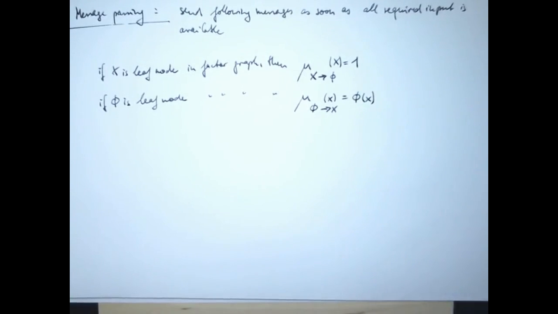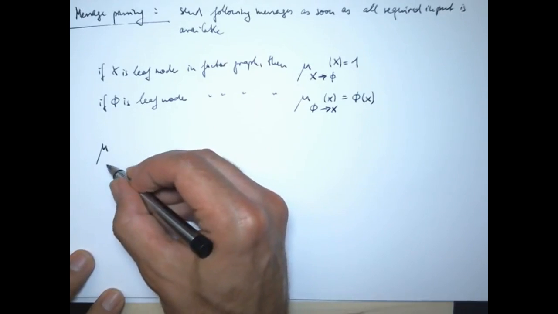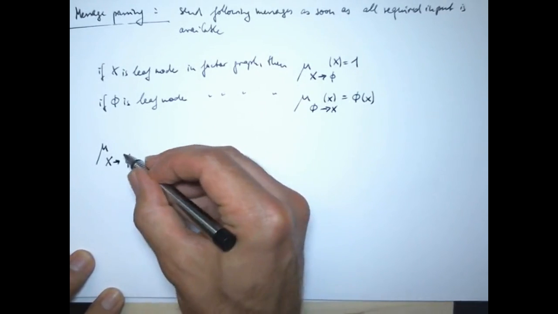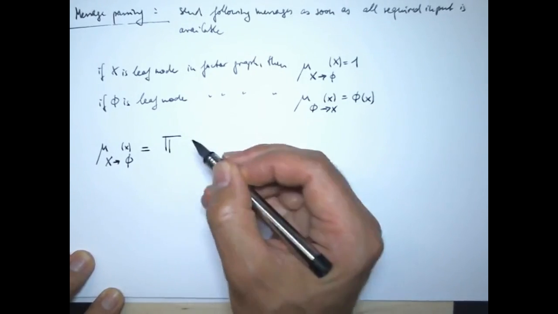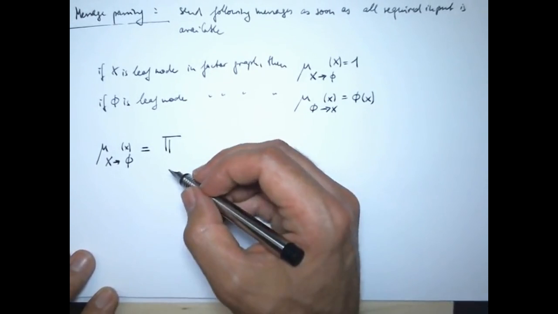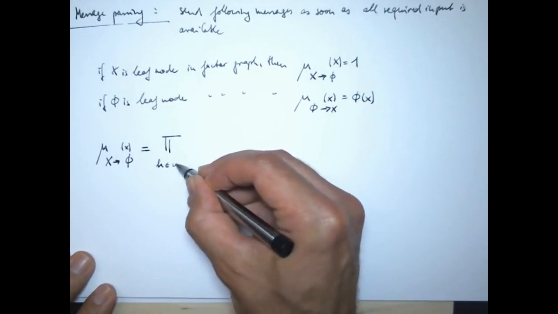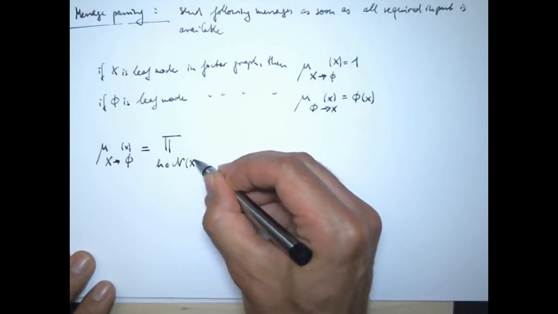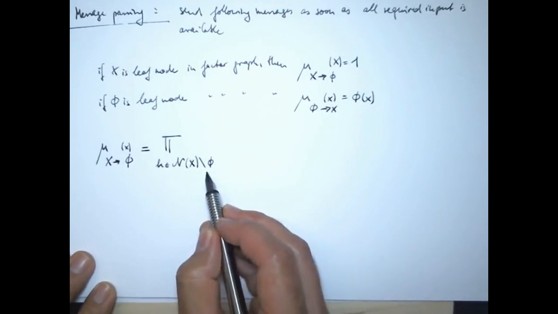So those are the corner cases. And now for all the rest, we do the following. We send a message from variable x to factor phi, which is a product of all the incoming messages. So we take every h in the neighborhood of our variable. So these are all other factors except the one that we're sending a message to.